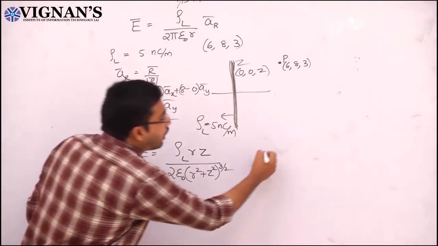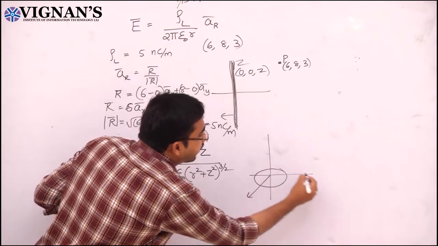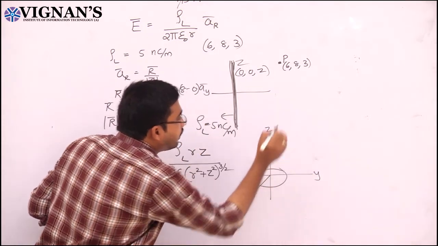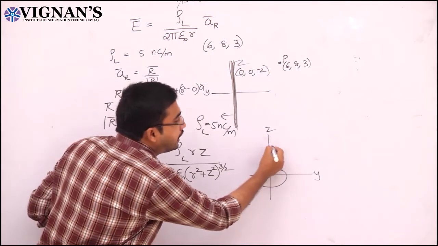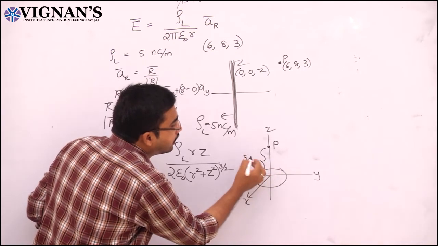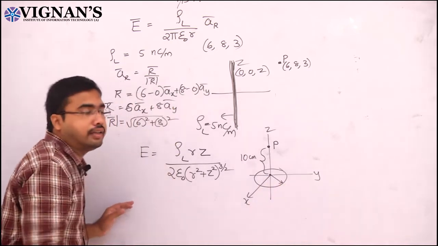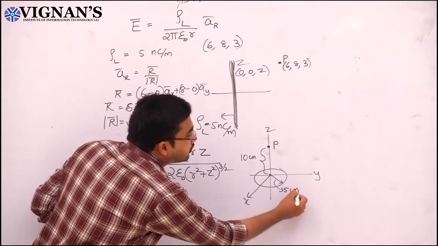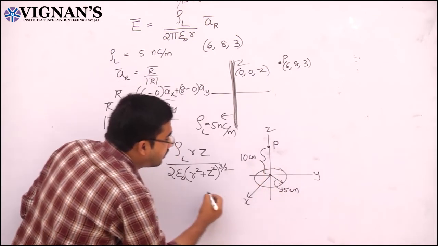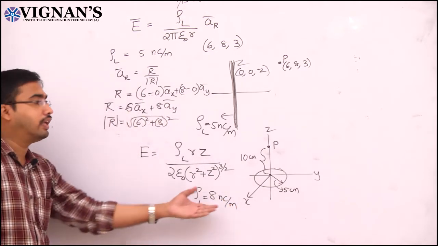They may give you the model as, take a charged circular ring in the xy plane and find the electric field intensity at a point P on the z axis, which is at a distance of some 10 centimeters from the origin, and the radius of this circular ring is some 5 centimeters. And the line charge density present in this circular ring is some value, say 8 nanocoulombs per meter. In the question they will give you this.